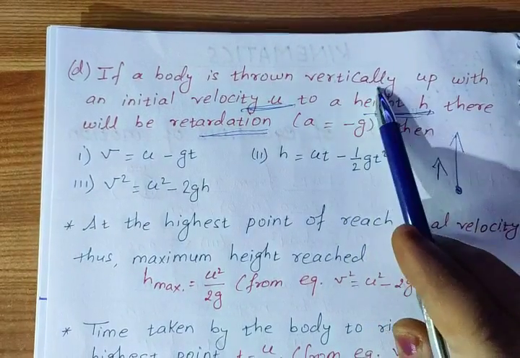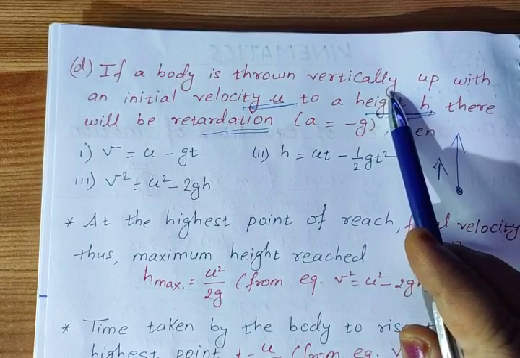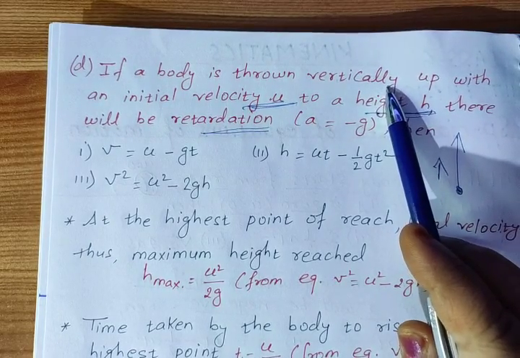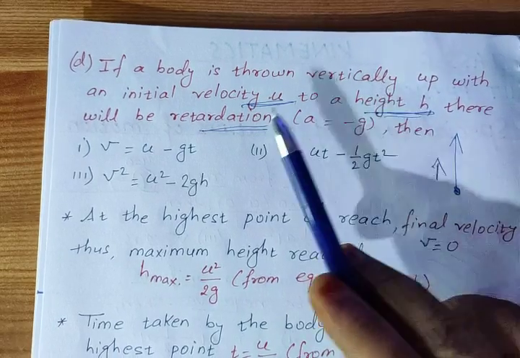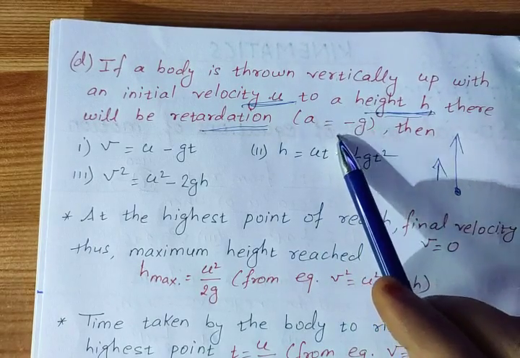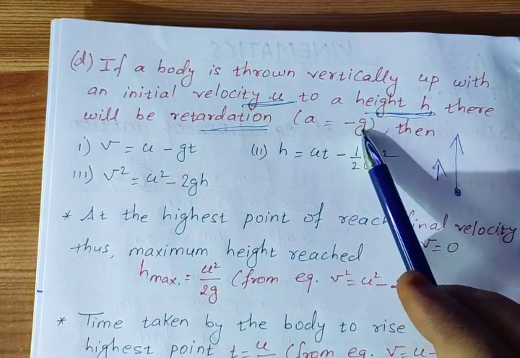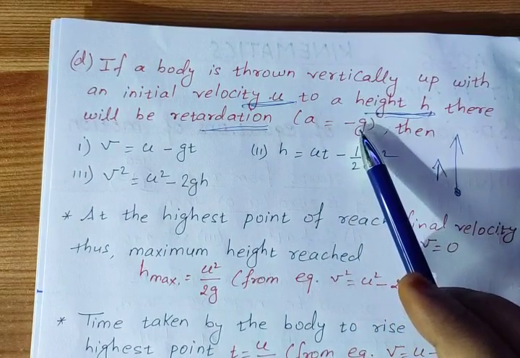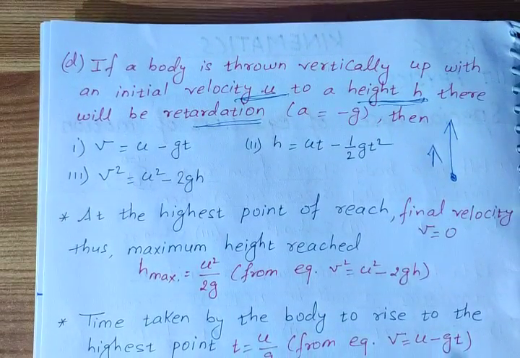Whenever we throw anything upward, away from earth, velocity decreases with time. As the velocity decreases, it produces retardation, meaning negative acceleration. Now the body is working under gravity, so a is replaced by g, and here which g? Minus g. Got it?